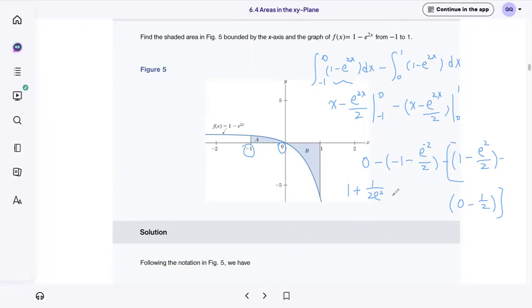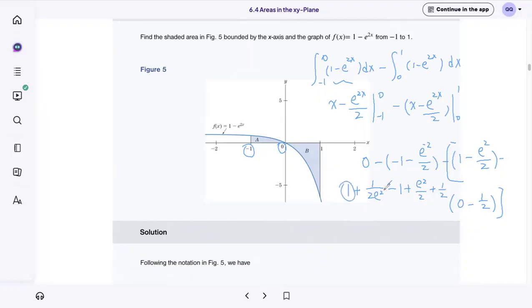Can write this way. Then minus, this is a positive 1. So minus 1, minus minus become positive, and plus e squared divided by 2. Then minus minus half becomes plus half.